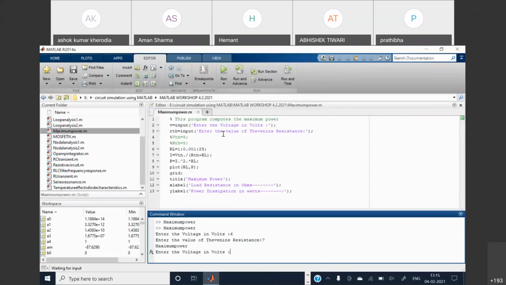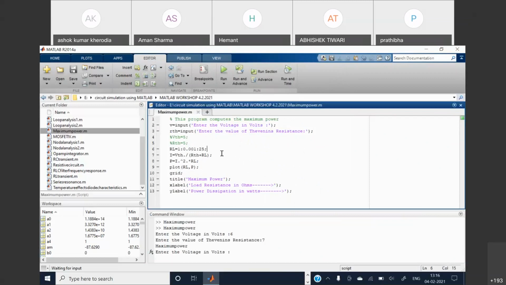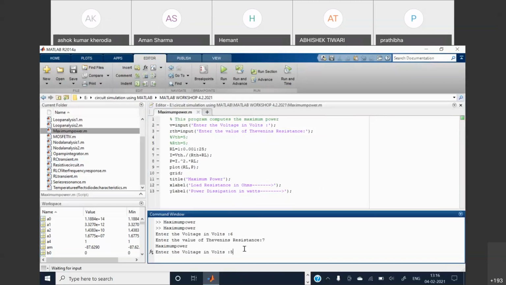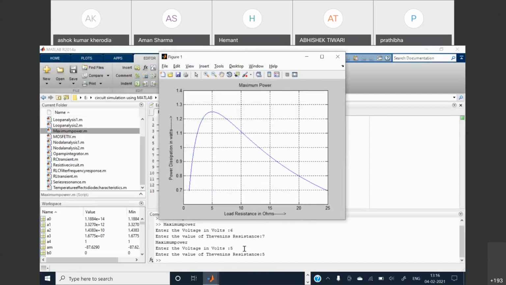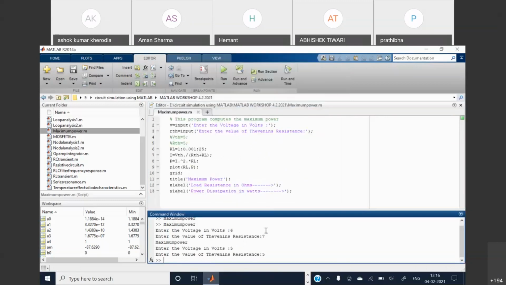It is 5 volt. I have to close it and I have to run it. So you can do this by this method. Suppose you want to have 5 volt and 5 ohm, find out the value.